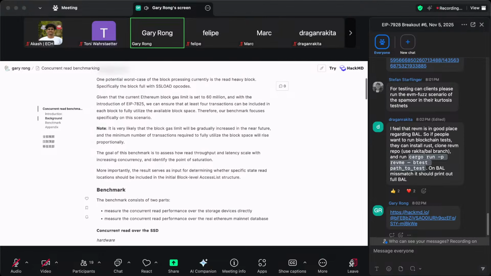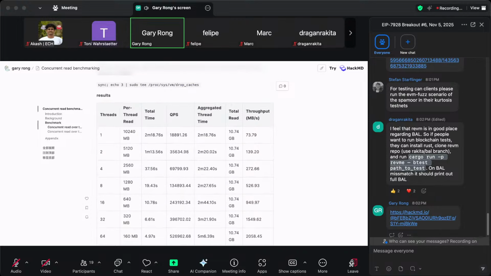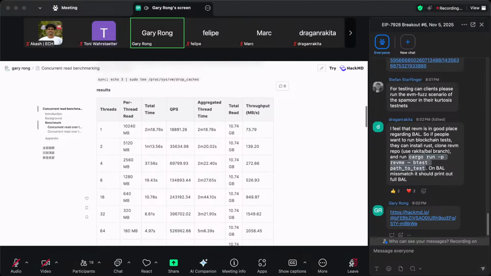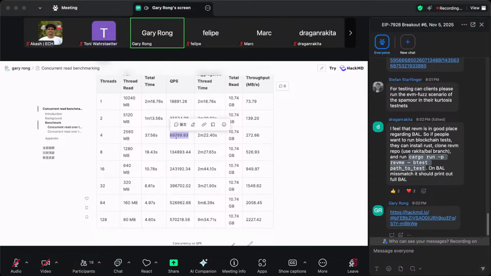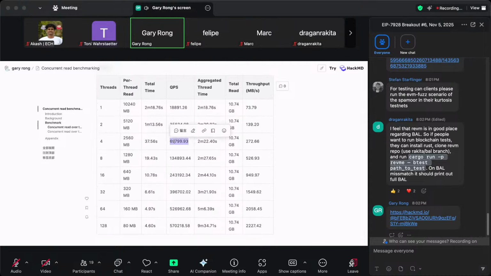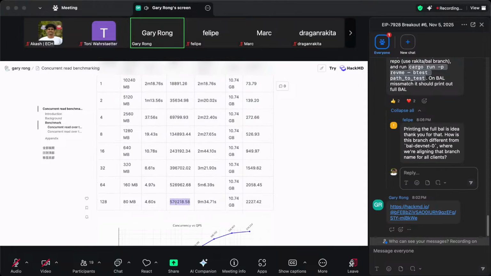The first thing I did is measure the batch read rate with different thread counts over the raw SSD. It turns out that with thread 4, we can achieve 70,000 QPS, queries per second. And with 128 threads, we can achieve roughly a 10x speedup.